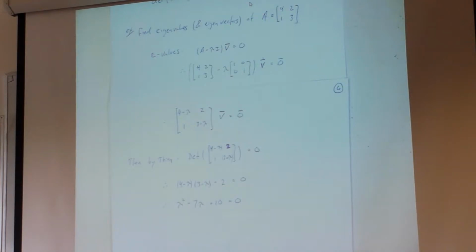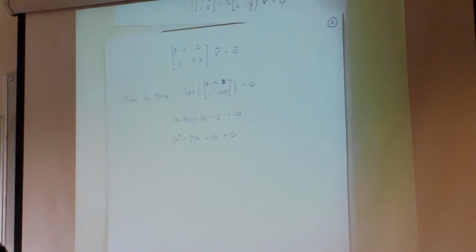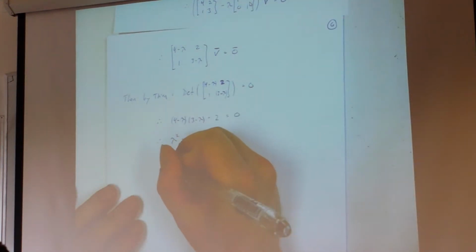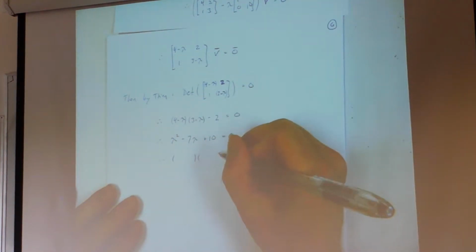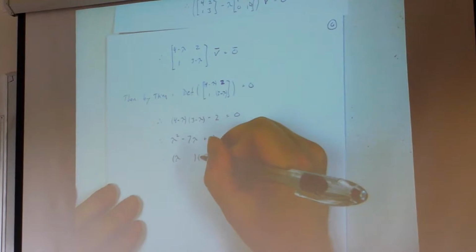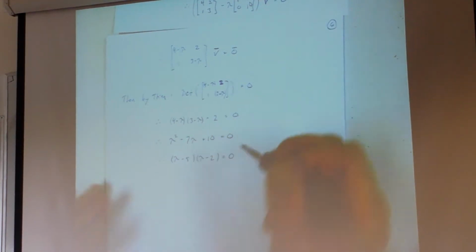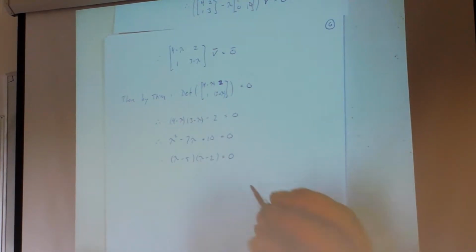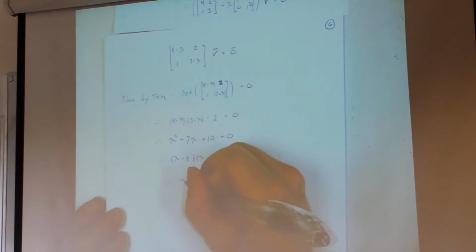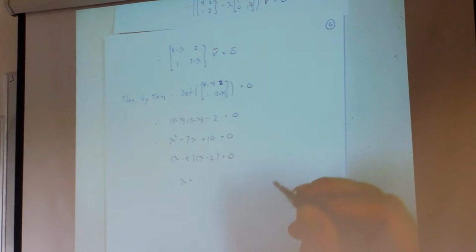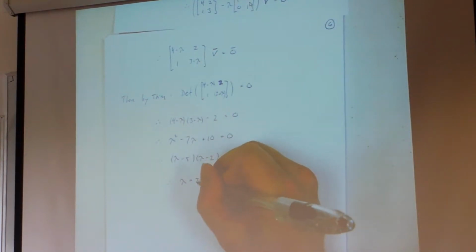Okay? -5, -2? Yes. So this does factor. -5, -2, but that means the solutions are opposites of those, right? So lambda is going to be equal to 2 or 5.